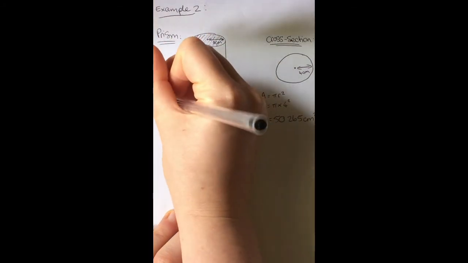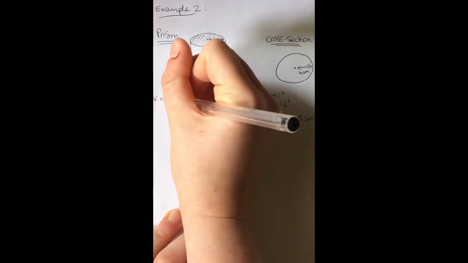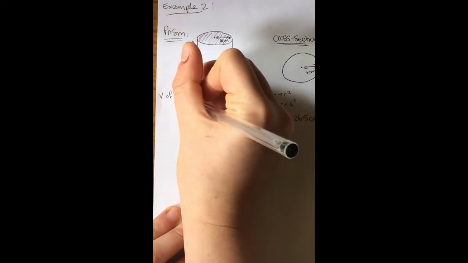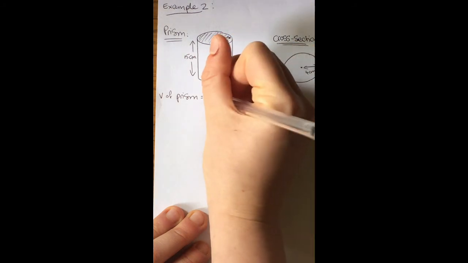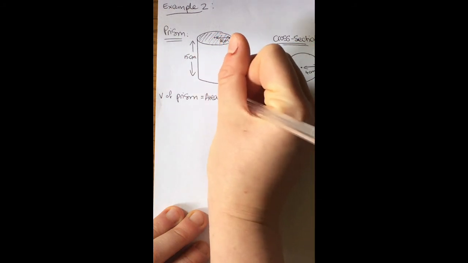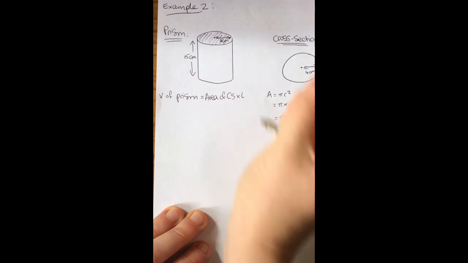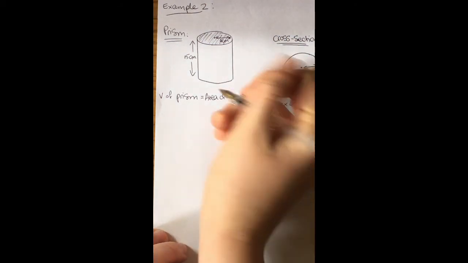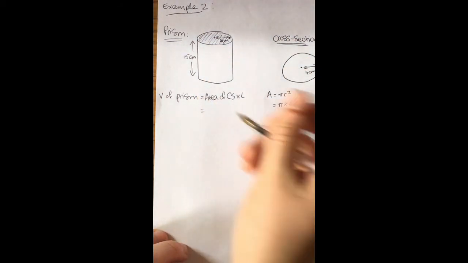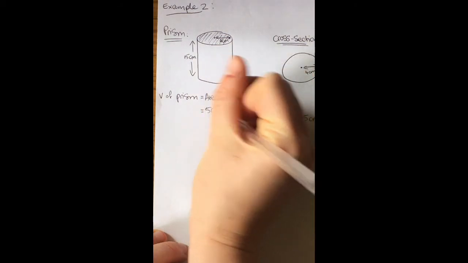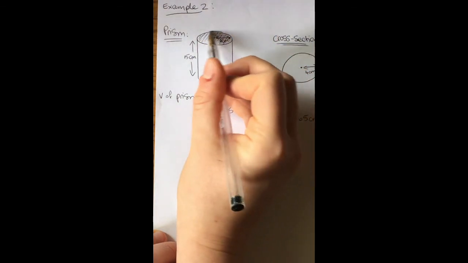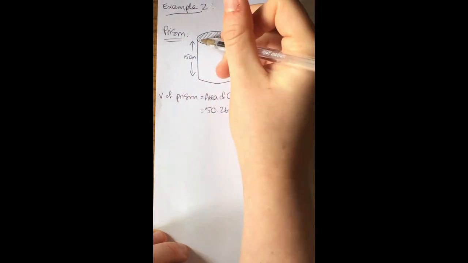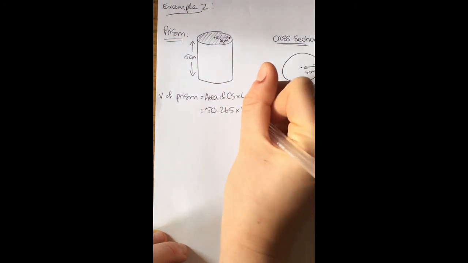Okay, so the volume of our prism, back over here, is equal to the area of cross section multiplied by our length, as we've used a few times now, and the area of our cross section is 50.265, and the length, so that's the amount it's projected by, so the length that this is moved down by to get to this face is 15.